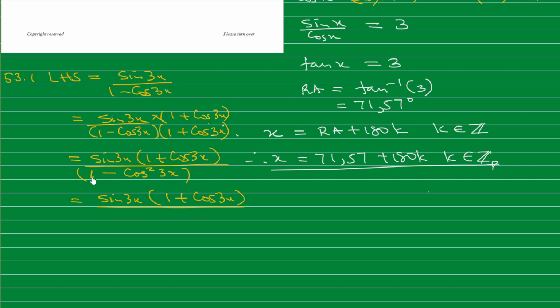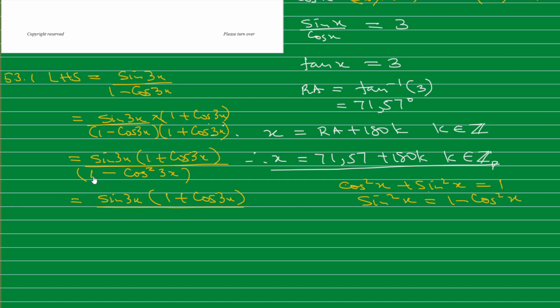Now this reminds us of a square identity. The square identity is stated as follows: cos squared x plus sine squared x is equal to 1. When I take this cos squared x to that side, I now have sine squared x is equal to 1 minus cos squared x.